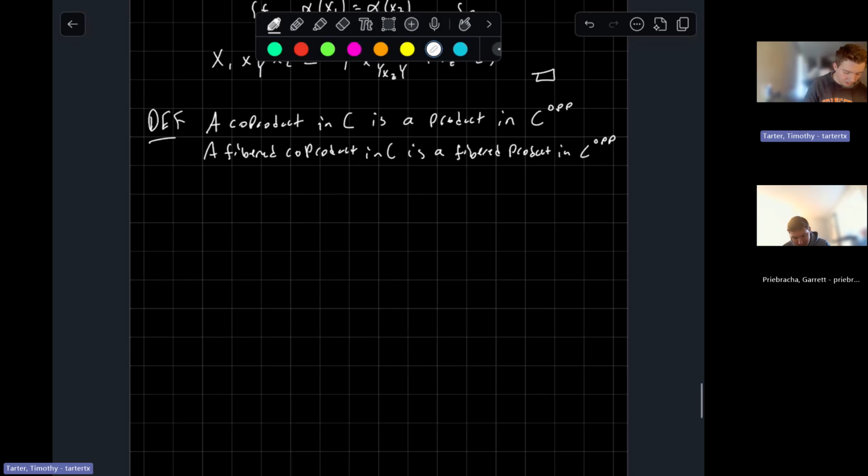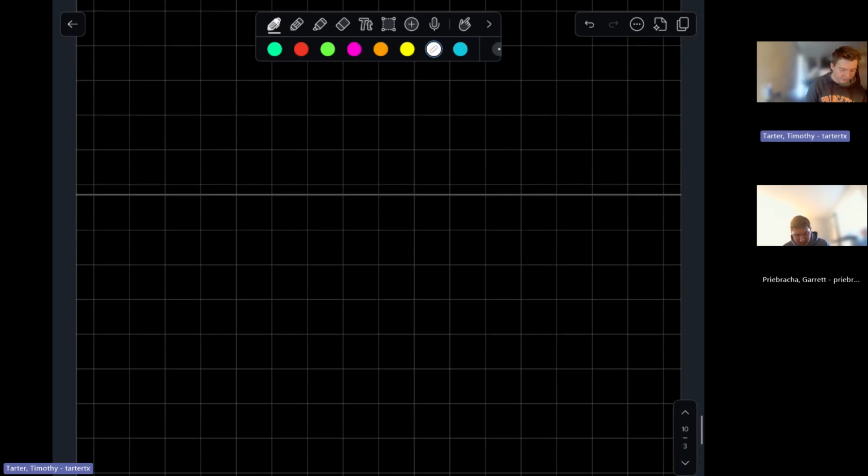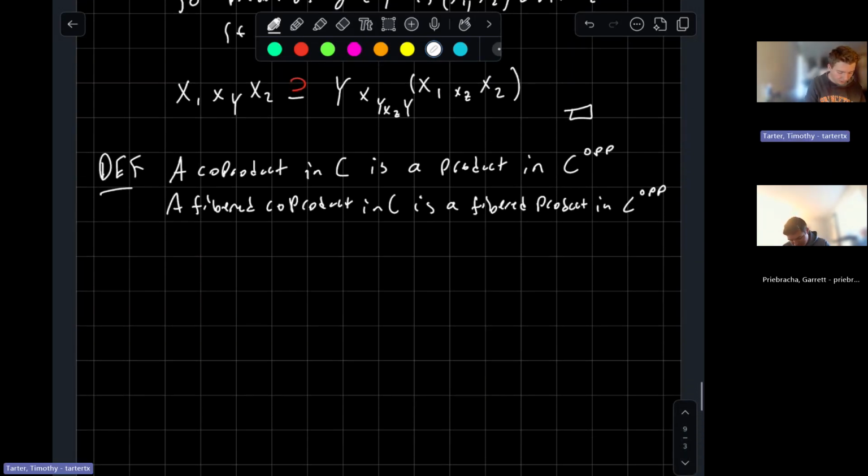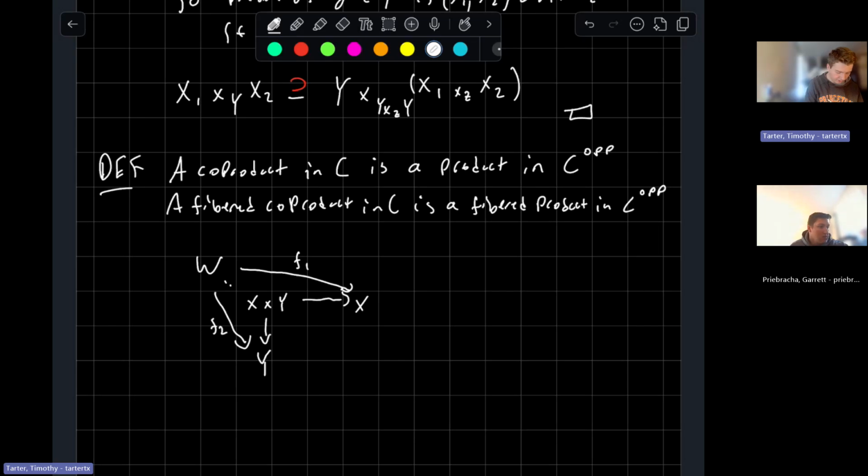Okay. So remember we defined a product by this unique factorization where we got X and Y and f1 and f2.